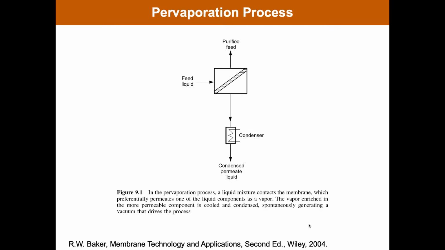You typically have a liquid feed, and it's often at high temperature, near but not at the boiling point of the mixture. It contacts the membrane. The pressure is low downstream, and as a result, any liquid that permeates across the membrane emerges as a vapor downstream.